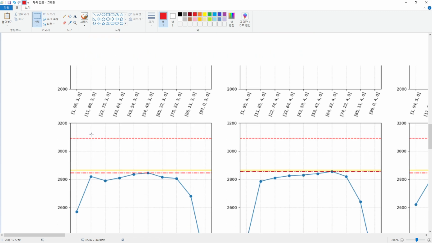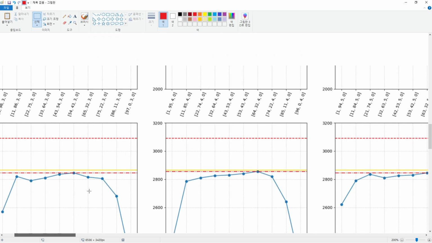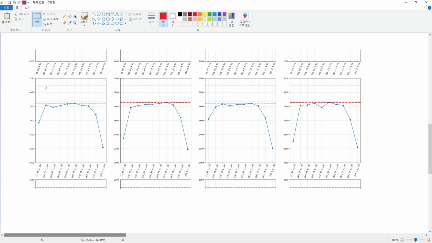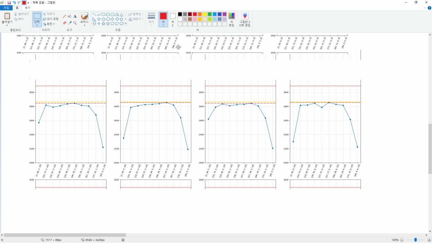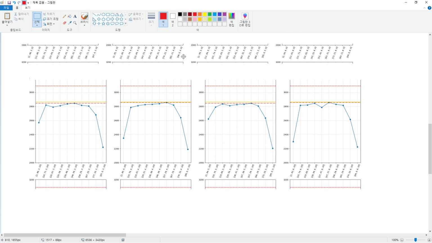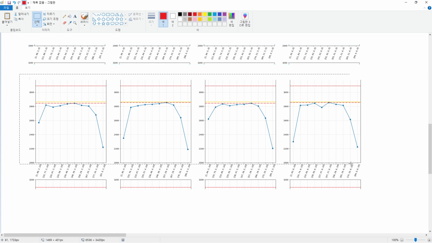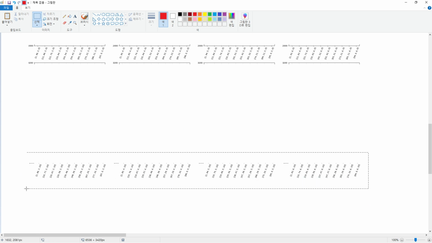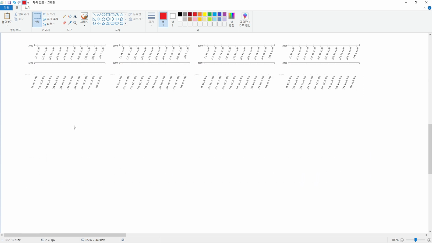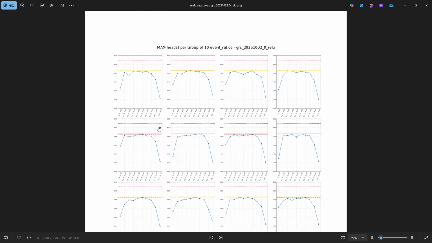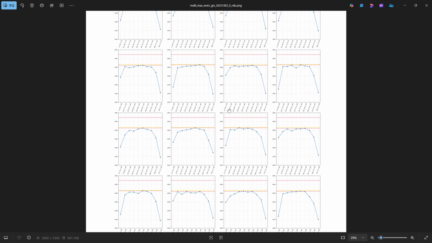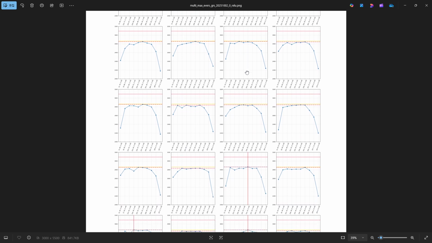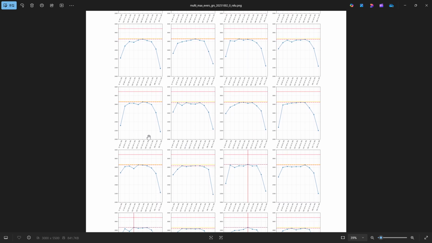Right now, we are going to have a look at these numbers right here. That was the first two. 1, 2, 3, 4.